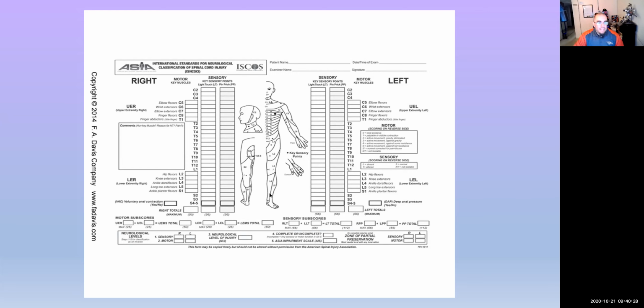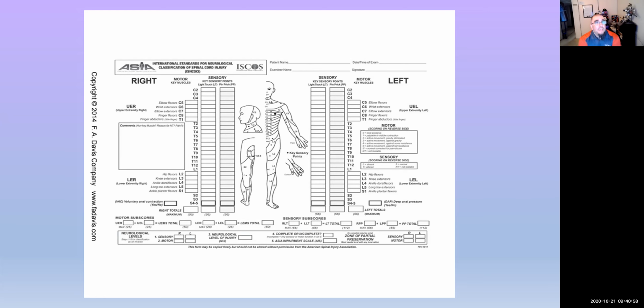Now, who's going to do this test? Initially, this test is going to be performed by a spinal cord injury doctor. He's going to give us the baseline. And then they're going to come to PT, and we're going to do an ASIA assessment on them because we need to know as well, and we need to see if there's any change from baseline. What this gives us is a lower extremity motor scale and an upper extremity motor scale that tells us how hard this patient is going to be to rehab.